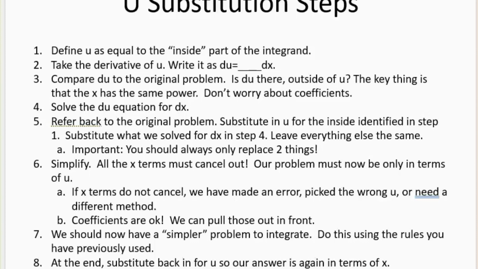If not, we might have made a mistake somewhere. By step 7, we have a simpler problem. We're going to use the skills you've previously learned to find the integral. Then in step 8, at the very end, we need to put things back in terms of x. So we're going to substitute our values back in. This will make more sense after we do a few examples.